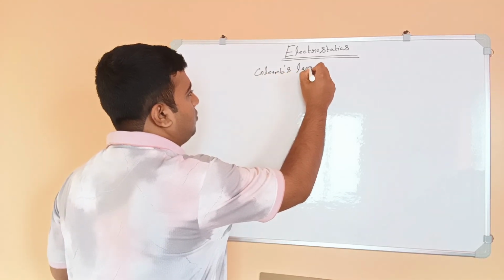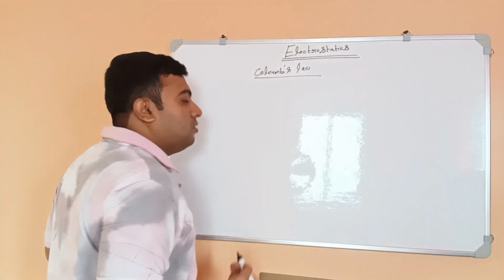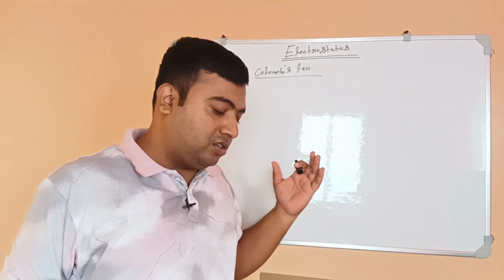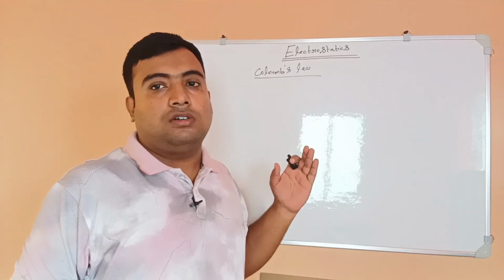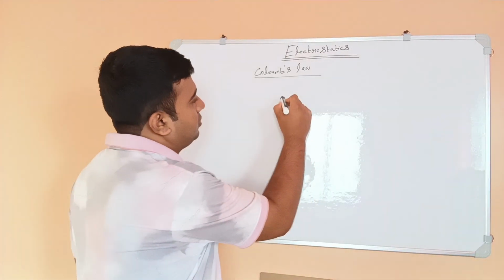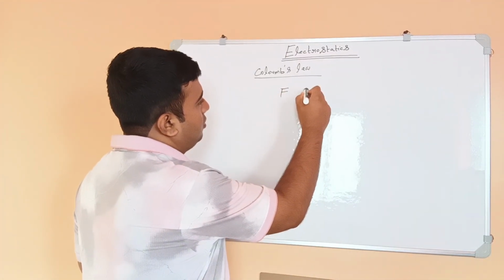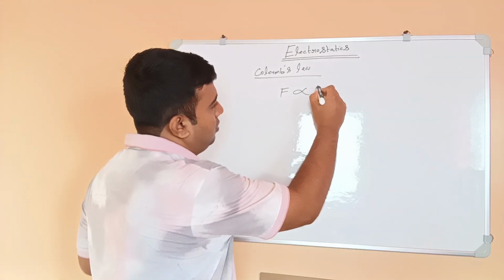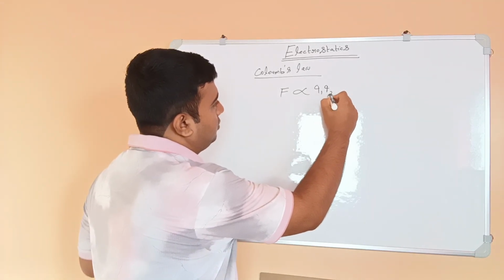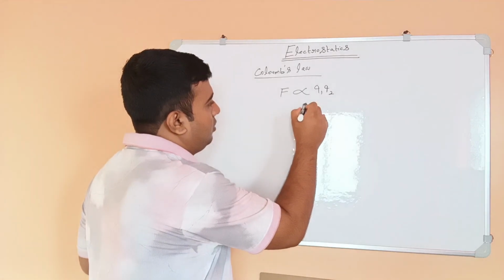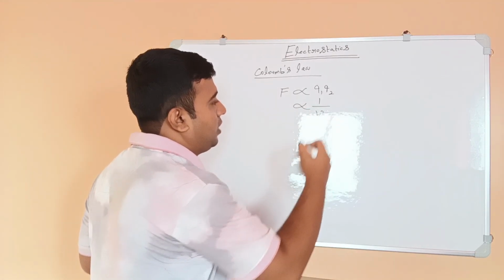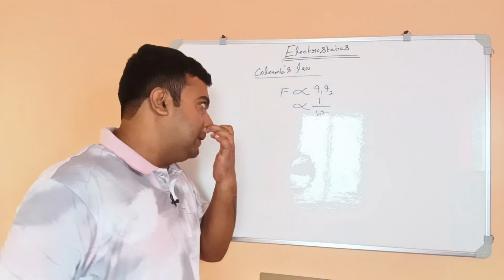Coulomb's law states that the force between two stationary point charges is directly proportional to the product of the two charges and inversely proportional to the square of the distance between them.